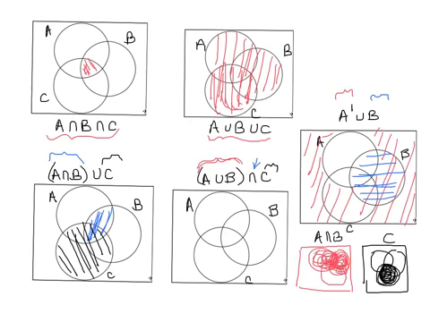Alright, so A union B, where does that intersect with C? So if you look at both A union B and C, what they have in common, what is shaded in both, excuse the noises, sorry about that, is that A union B intersect C.